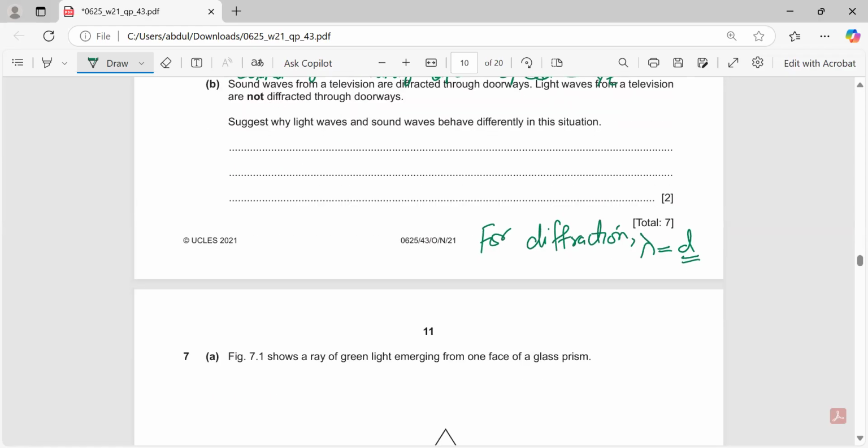So I'm writing in shortcut that for sound wave, wavelength of the incident wave is nearly equal to d, size of the gap. So diffraction takes place.